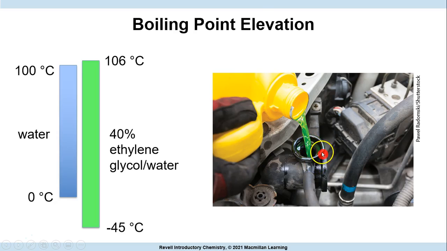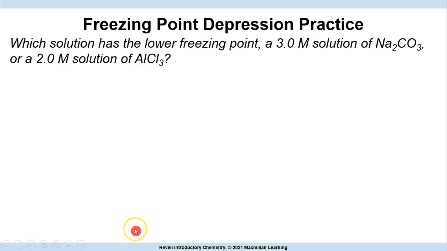How does it work? Water has a boiling point of 100 degrees, so we need some of that excess heat to be taken away. When we have ethylene glycol in water, it has a boiling point of 106 degrees, so that actually helps to take away some of the heat. And the ethylene glycol has a freezing point temperature of minus 45 degrees.